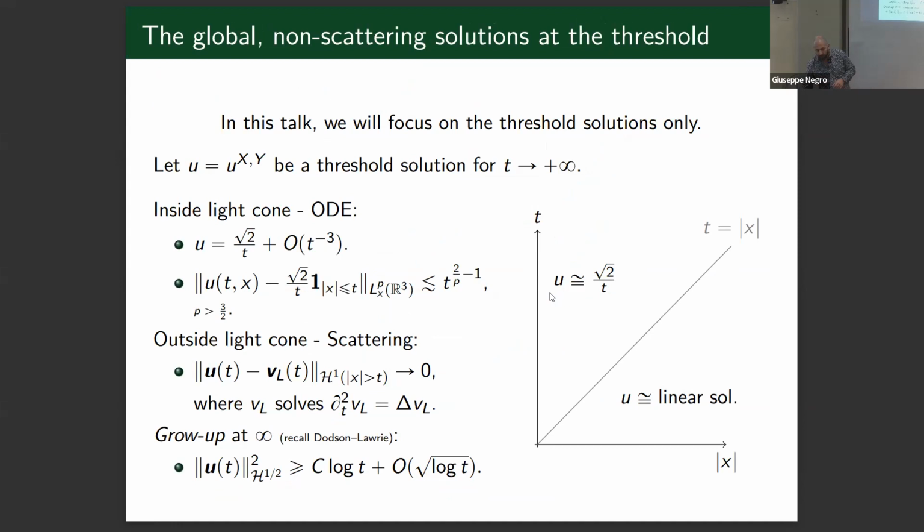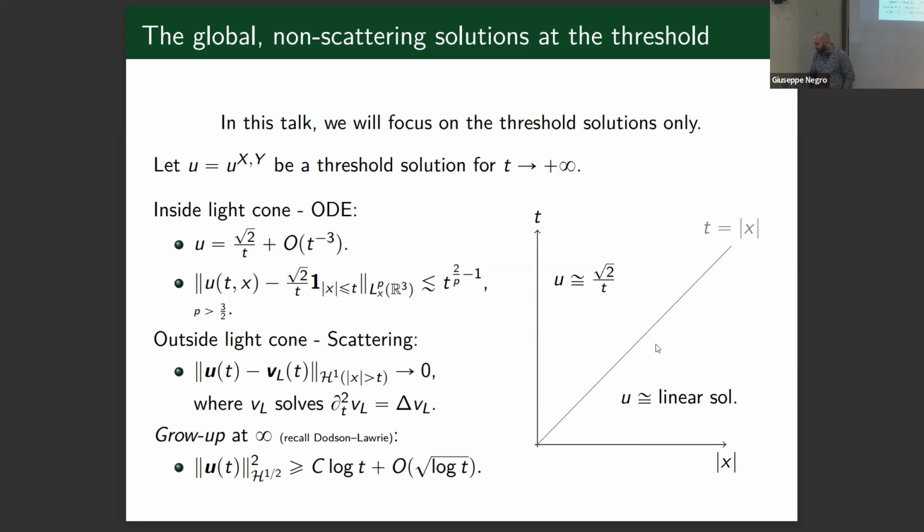So how does a threshold solution look? The answer is in this diagram here. This is a representation of space-time. Here you have time, and here you have the radial coordinate, x. This is the so-called light cone, which is when t equals x. This is very important in the wave equation.